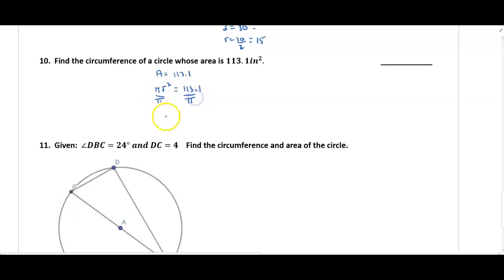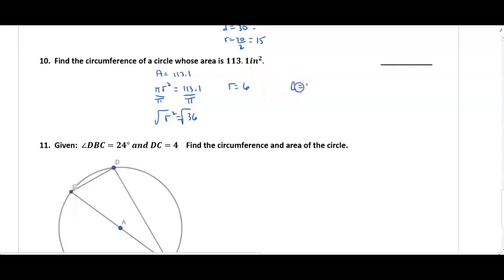And if we go ahead and divide both sides by pi, the radius squared is equal to 113.1 divided by pi. And when I do that, I get 36. And when I take the square root, I get the radius is 6.